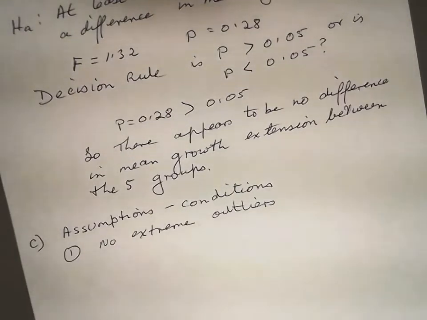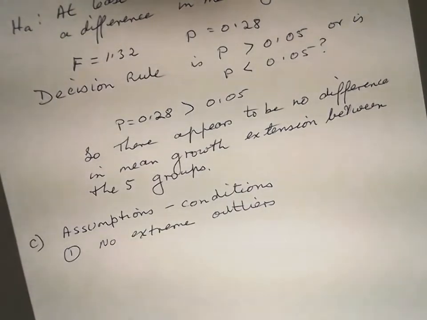So no extreme outliers. Now what information have we got? Well, normally we'd look at box plots, but we were given dot plots. Well, that does just almost as well. So I'm just going to flick back and look at the dot plots that we were given.